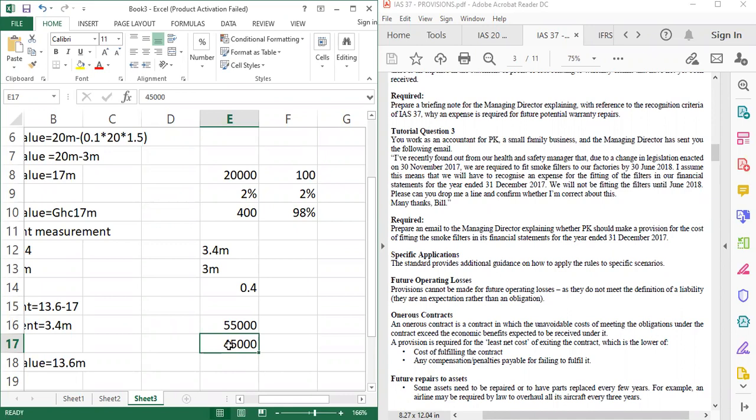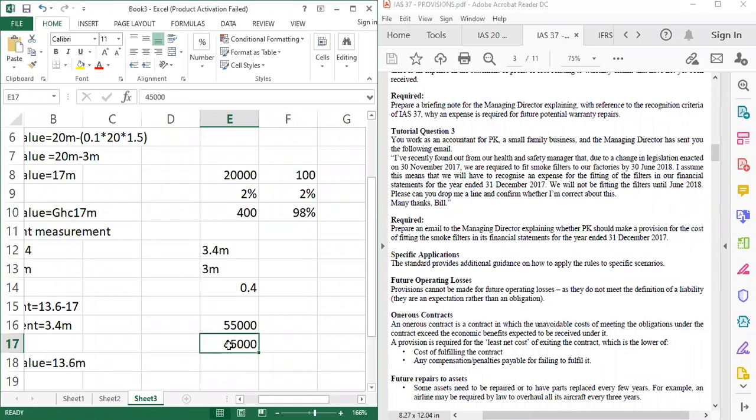So an onerous contract is a contract where the cost of avoiding the contract is lower than the cost of fulfilling it, or the benefit of fulfilling the contract is lower than the cost that you are going to incur to fulfill it.